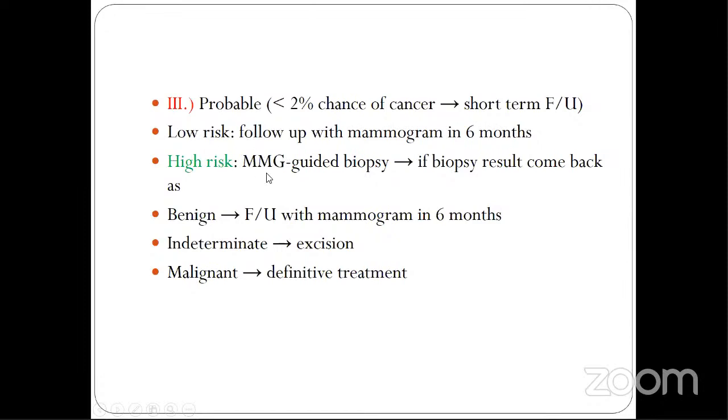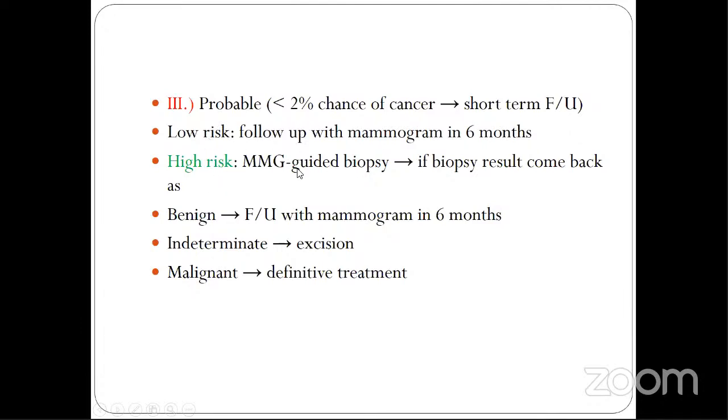So if low risk, will follow up with mammography in 6 months; high risk will do mammography-guided biopsy. The biopsy result comes back as benign, intermediate, or malignant. So we have 3 according to the risk, low risk or high risk.